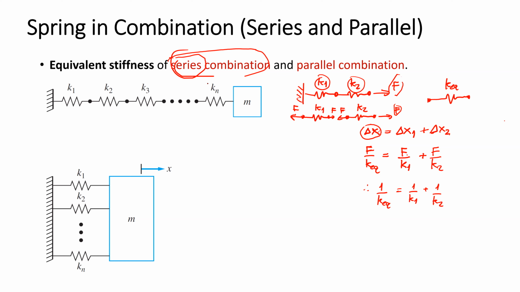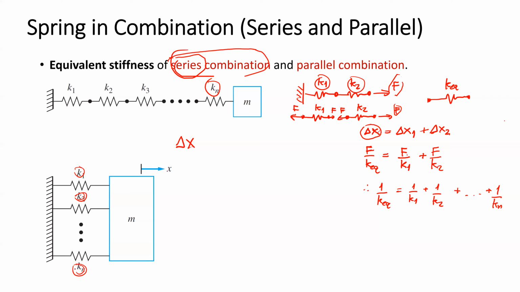If we have n number of spring, we still can apply this. How about when the springs are connected with each other in parallel combination? For parallel combination, the delta X are equal for all the spring.